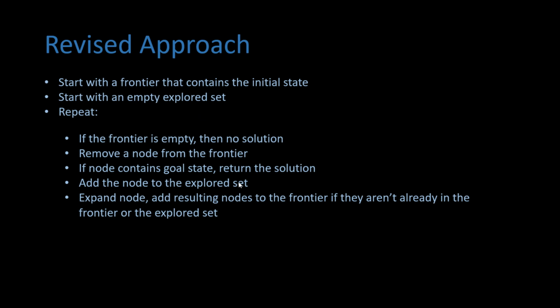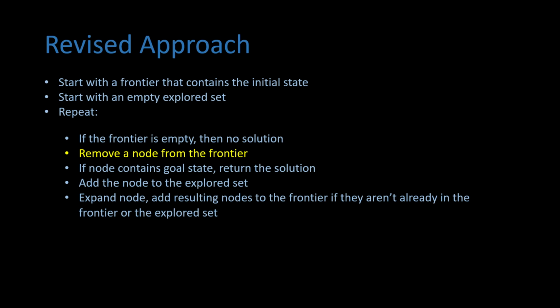So I will use a system that uses this. And the extremely important thing that I need to do is change my frontier so it works like a stack, because it's very important how we remove a node from this frontier. Last time it was random.